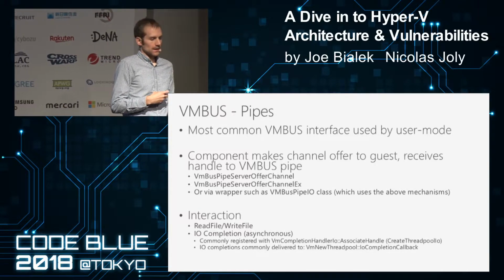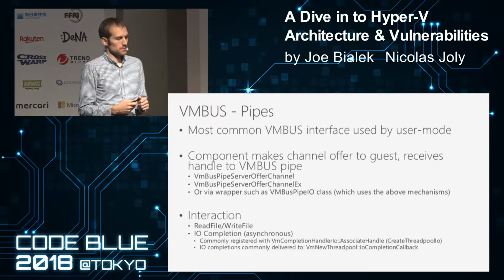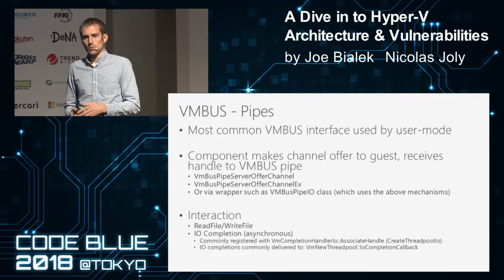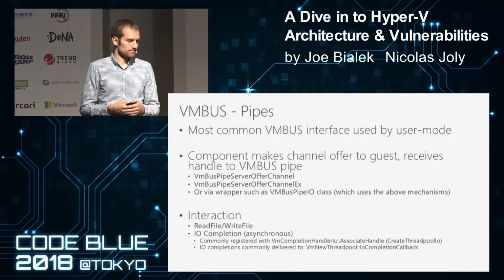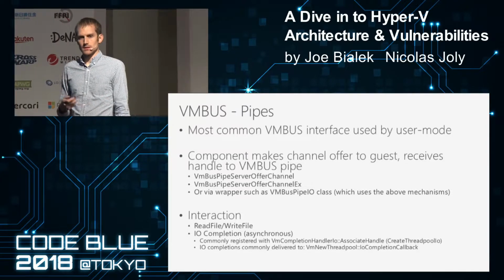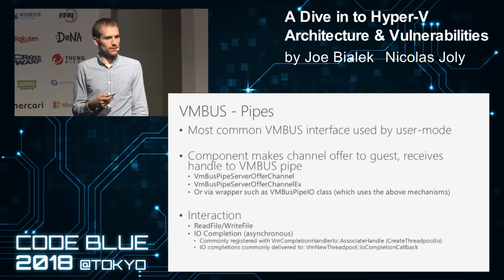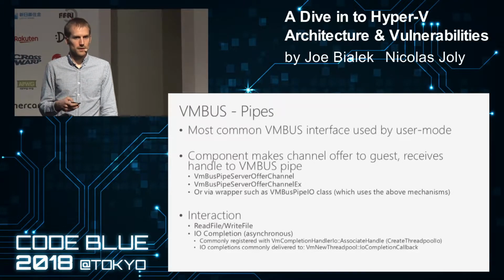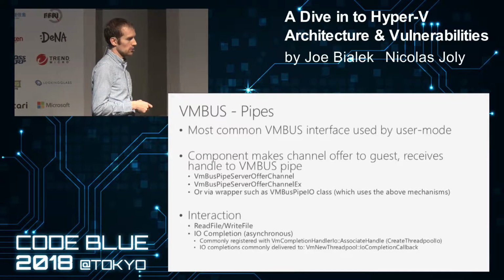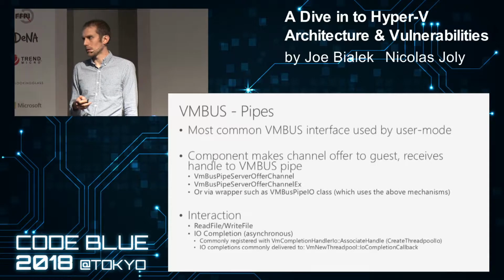The way that you start using a VM bus pipe is the component, the virtual device or integration component, will once again make a channel offer, but the channel offer will give it a handle to this VM bus pipe. It then interacts with it using ReadFile and WriteFile, just like you would with a normal named pipe. Or you can do asynchronous I/O if you want, using I/O completion, once again, just like you would using normal named pipes on Windows.